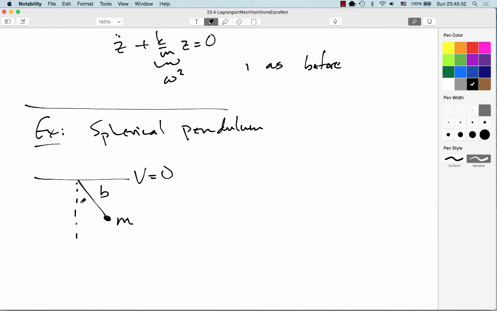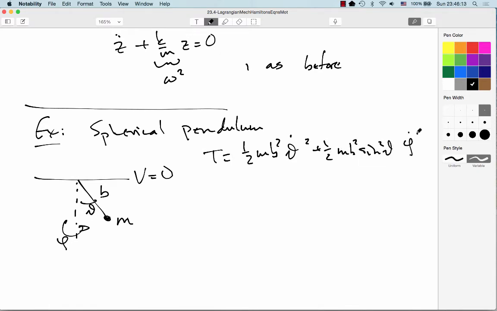Our coordinates are theta, and our azimuth was phi. So from before, we have T equals 1/2 m b squared theta dot squared plus 1/2 m b squared sine squared theta times phi dot squared. And V was minus m g b cos theta.